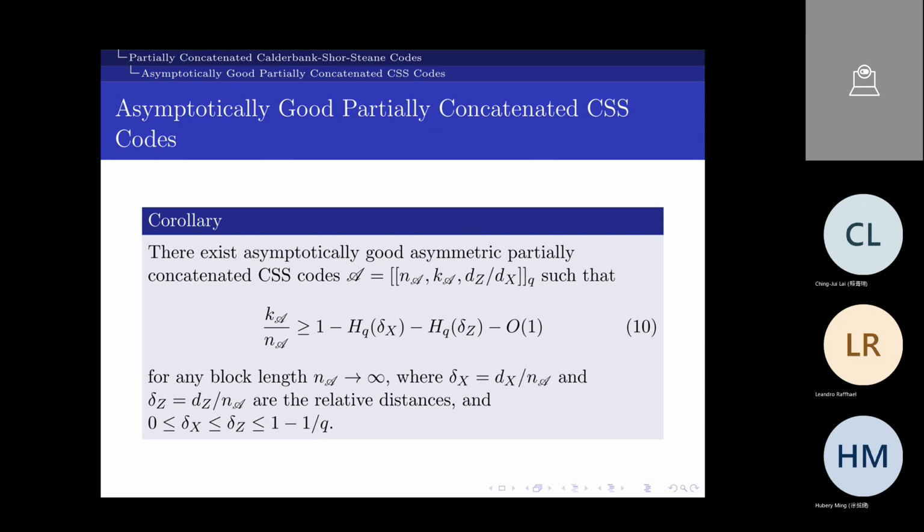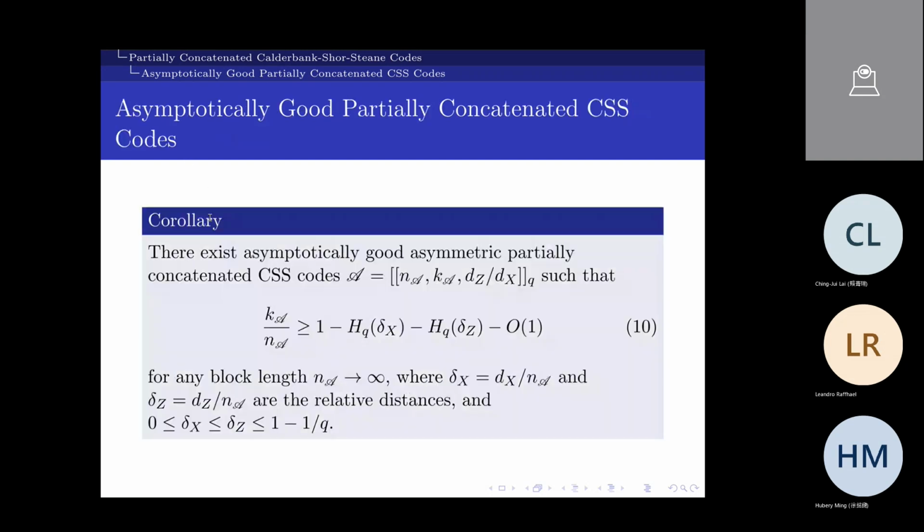Although it seems a very direct generalization, very few results exist. So we give a corollary for asymmetric quantum codes.